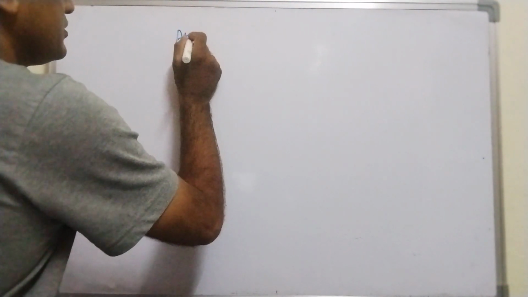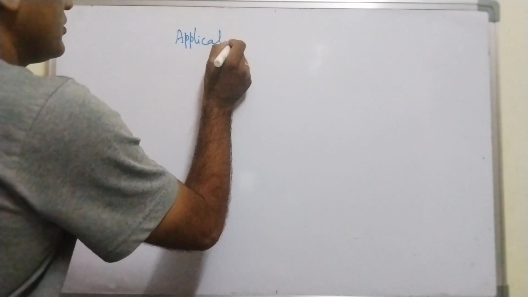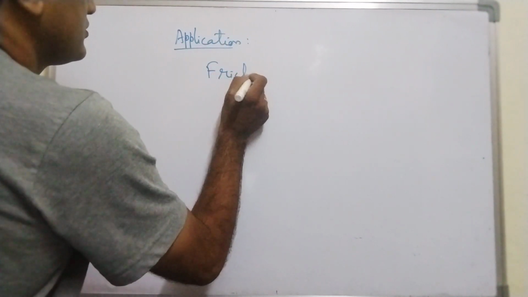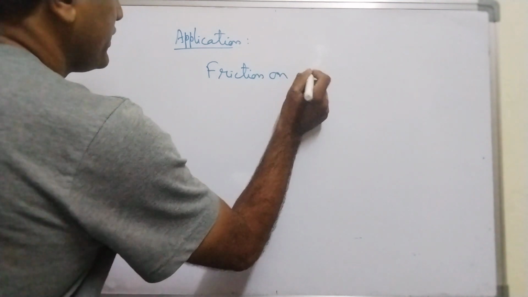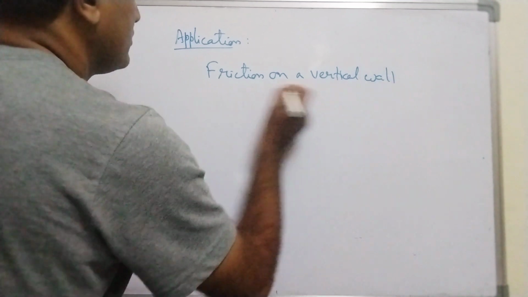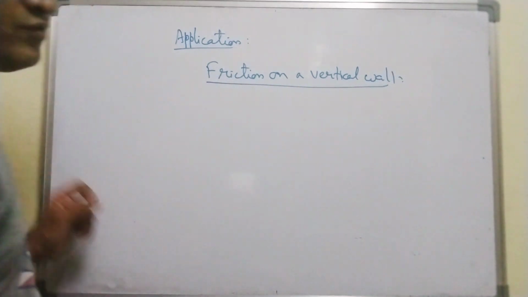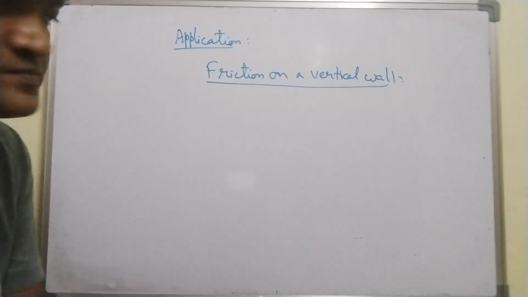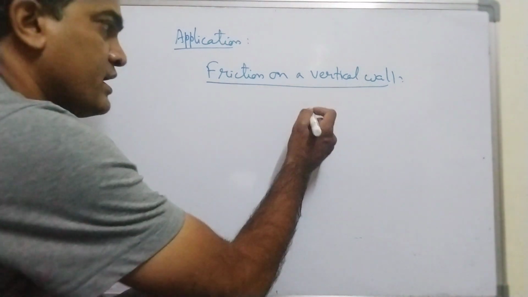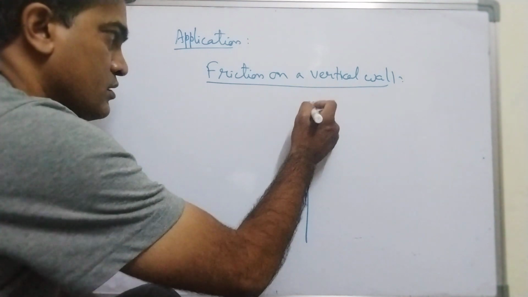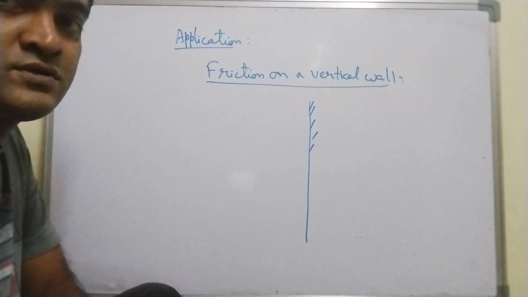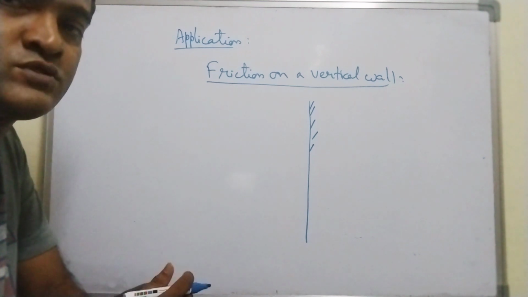Now, application: friction on a vertical wall. Friction on a vertical wall. That means I have a wall. This is another application, somewhat different when compared to the previous ones.